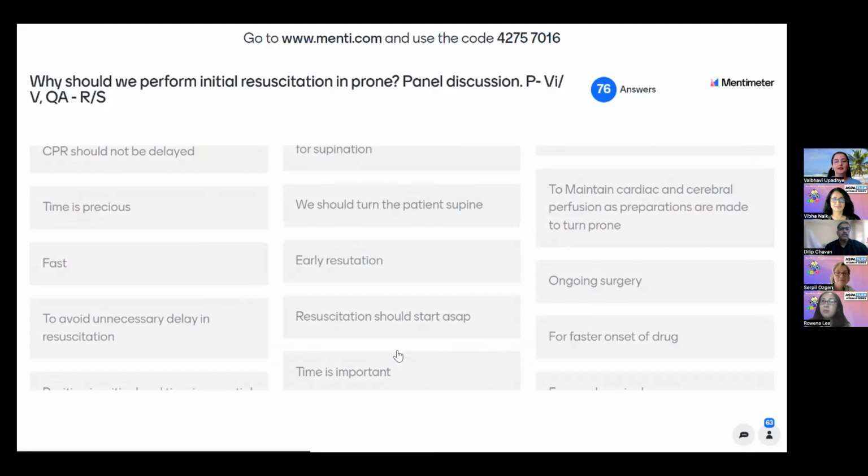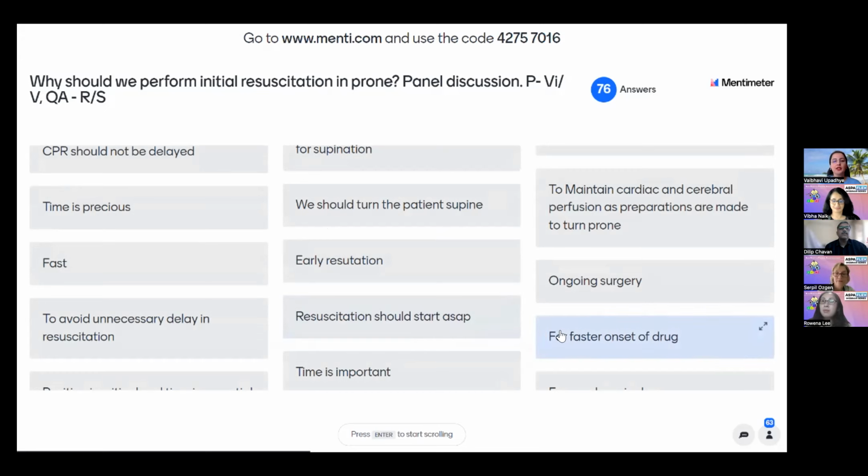Absolutely. I think pretty much the audience has put in most of the points, and a brilliant aspect that Dr. Vibha and Dr. Rushali have brought in is about knowing what situation the surgery is, what point of surgical exploration we are in. And if it's about CPR, it is possible to give CPR in prone position.